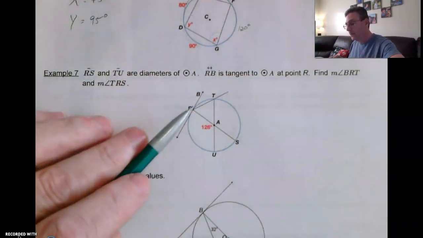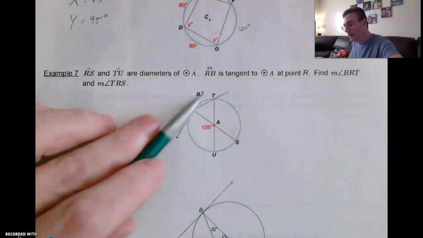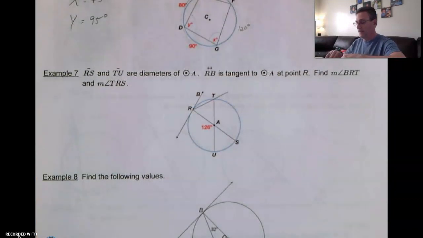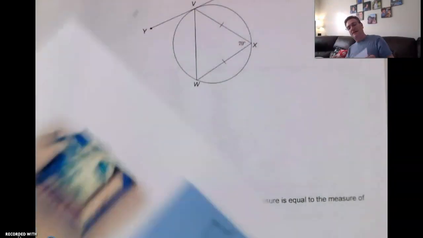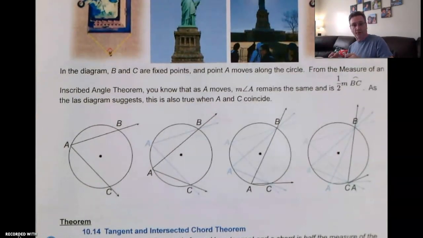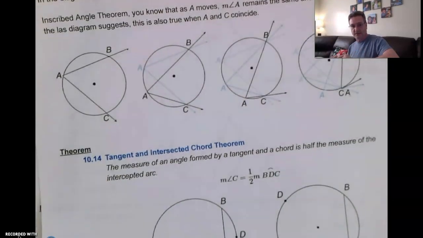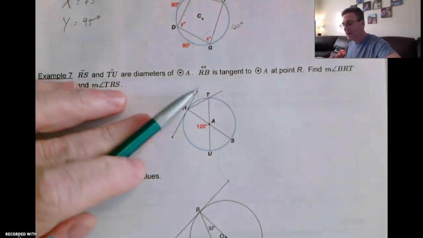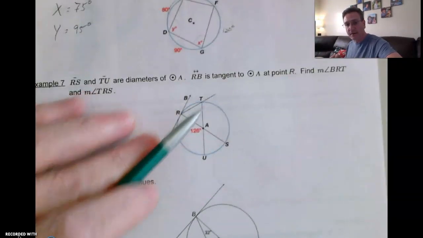Okay, so angle BRT, according to the tangent intersected chord theorem, is half of the arc that it intercepts.